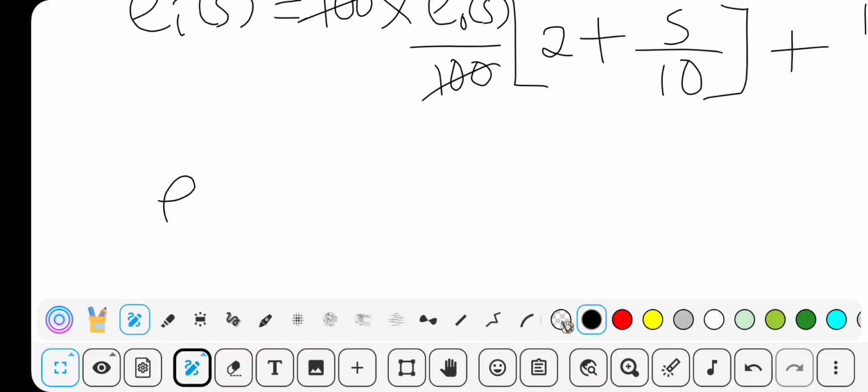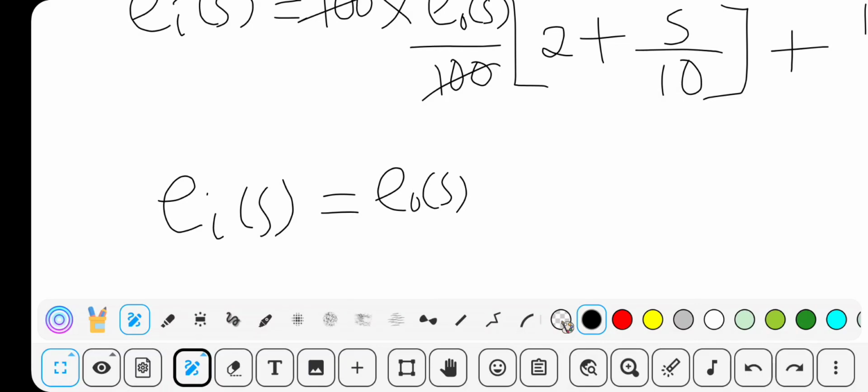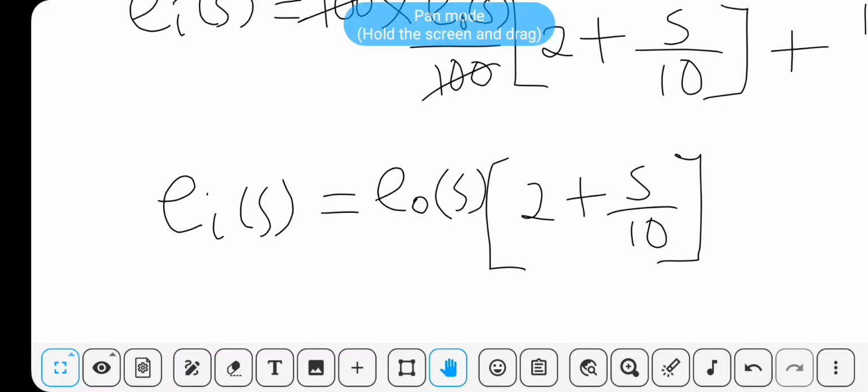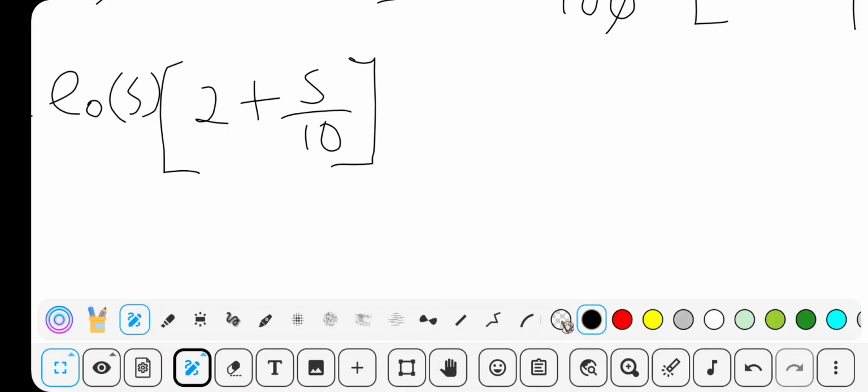Simplifying further, we are going to have that this is equal to this two plus S over 10 plus S E of S over 10.